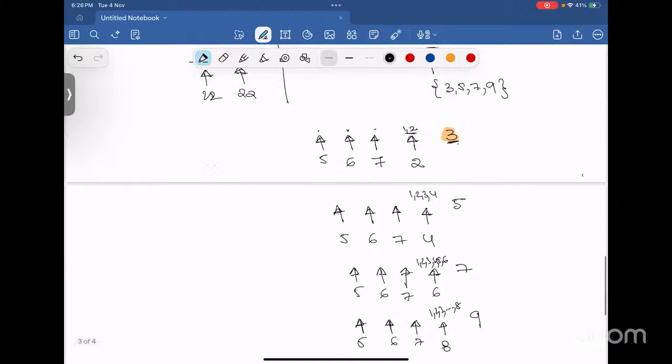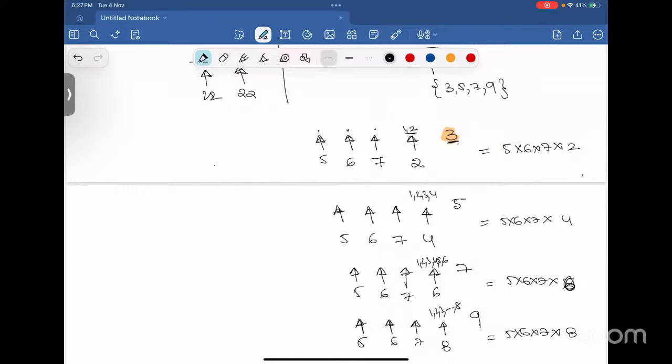So here the total number of ways is 5 into 6 into 7 into 2. Here it is 5 into 6 into 7 into 4. Here 5 into 6 into 7 into 4. Here also 5 into 6 into 7 into, sorry, here it is 6. Here it is 8.